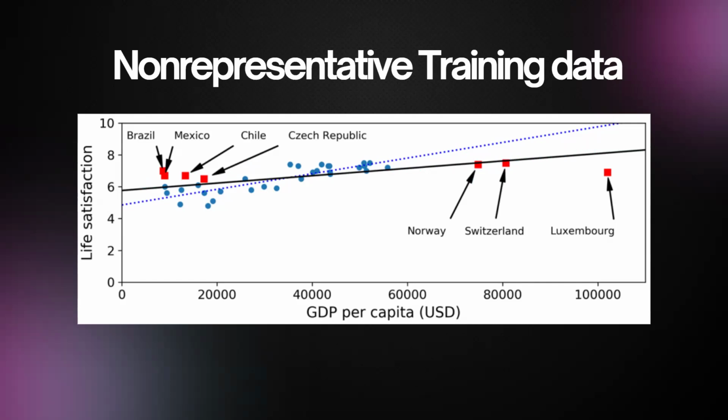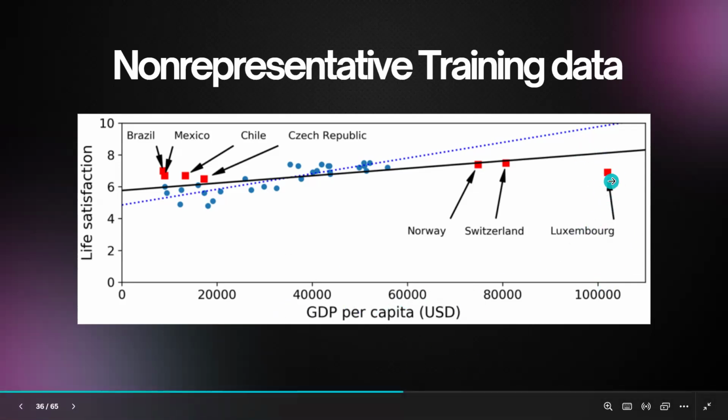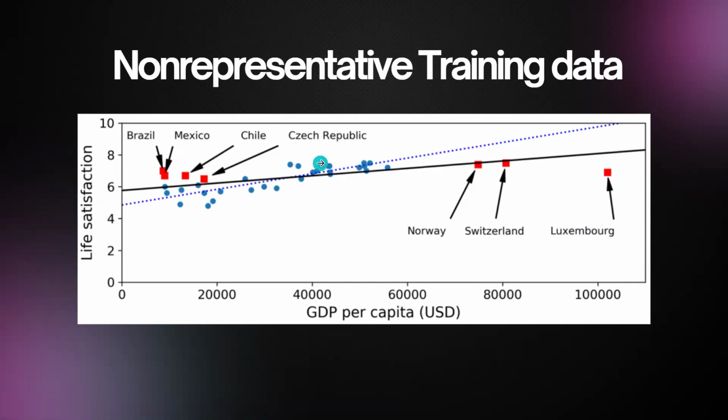So if you have non-representative training data or outliers in the data set, this will make your entire model wrong. I can't really say that a country which makes a lot of money, with high GDP, is not better off than countries which make less GDP. Can I make that call based on my linear regression model? No, because the training data is non-representative.